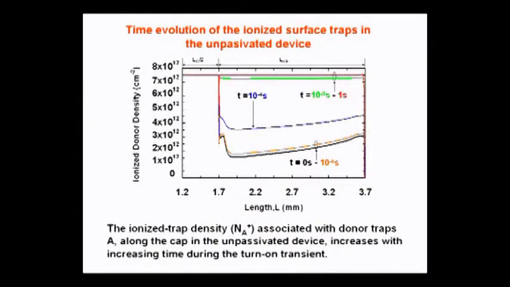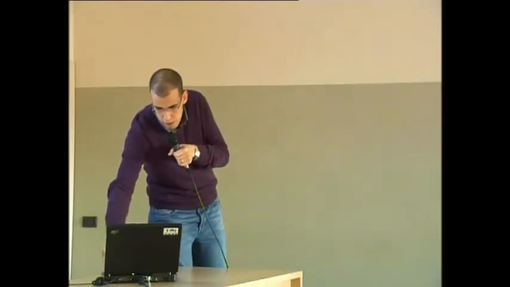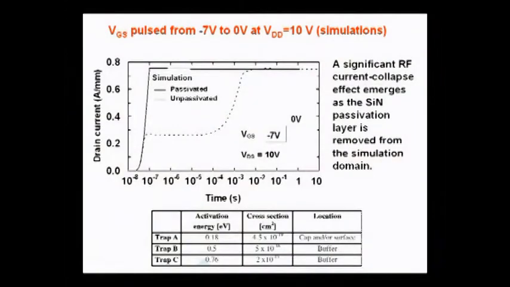This is the variation of ionized donor density. As we can see here, the density of ionized donors is increasing with increasing time. This suggests that the donor-like traps are emitting electrons, and this explains the behavior shown for unpassivated devices.